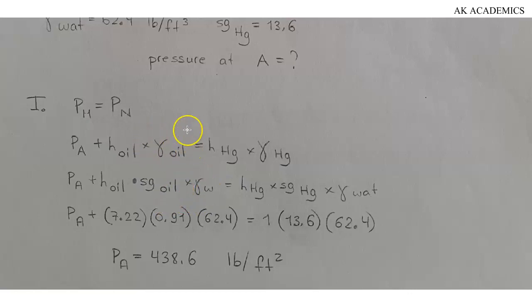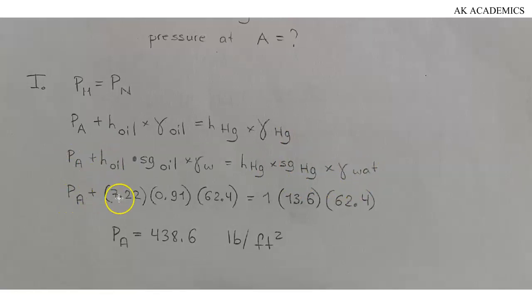So you will replace this specific weight of oil with specific gravity of oil multiplied by specific weight of water. That's exactly what we have here, equal to the height of mercury multiplied by the specific weight of mercury, which can also be replaced with specific gravity of mercury multiplied by the specific weight of water.